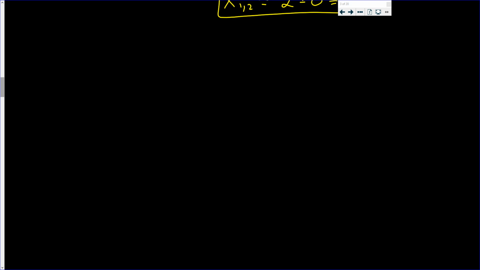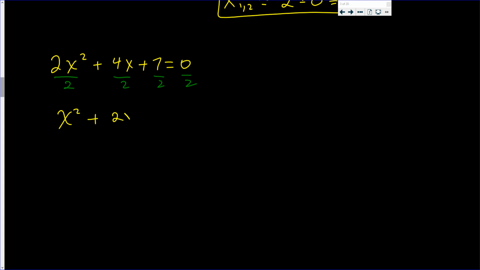Well, if you have, say, 2x squared plus 4x plus 7 equals 0, the first thing you should do is divide by 2. And then you'll get x squared plus 2x plus 7 halves equals 0.